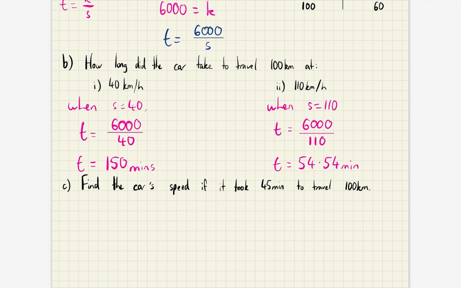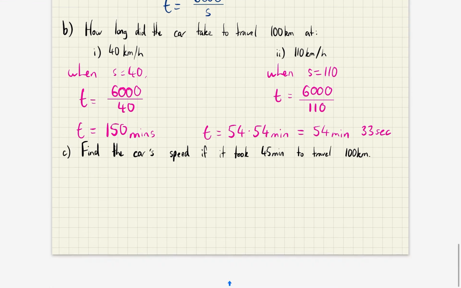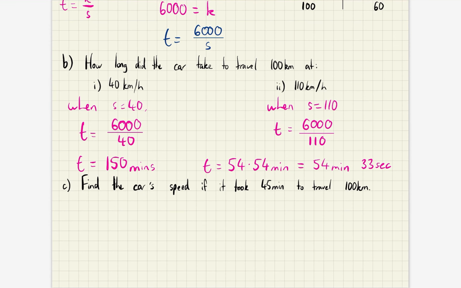But that's not in seconds. We won't go into the seconds now, but if you use the degrees, minutes, seconds button, you can actually get it if you wanted. So I'll do that now. So that's 54.54 minutes, which is the same as 54 minutes and 33 seconds. So we know exactly how long it will take.